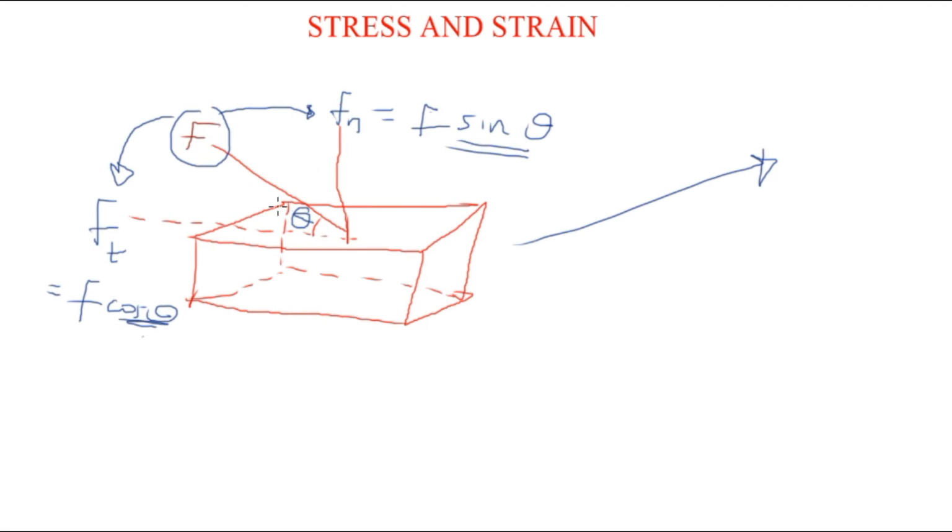That's just the trick. In this place, there is theta, so it takes cos. But it is very, very good if you understand resolution of vectors. So you can check this video. Alright, let's move on. There are two stresses for that body. That is the normal stress, which is Fn, and the tangential stress, which is Ft.